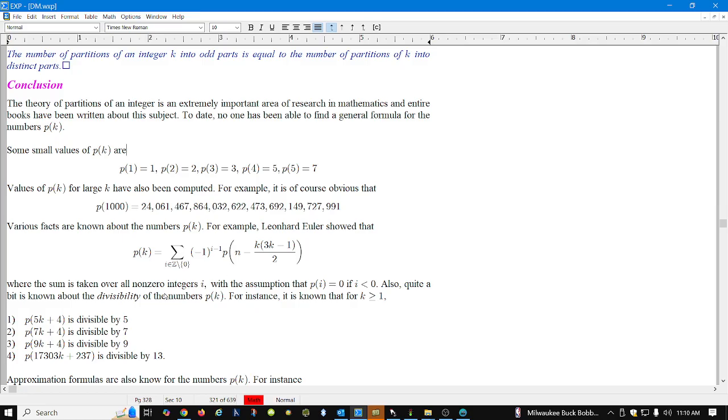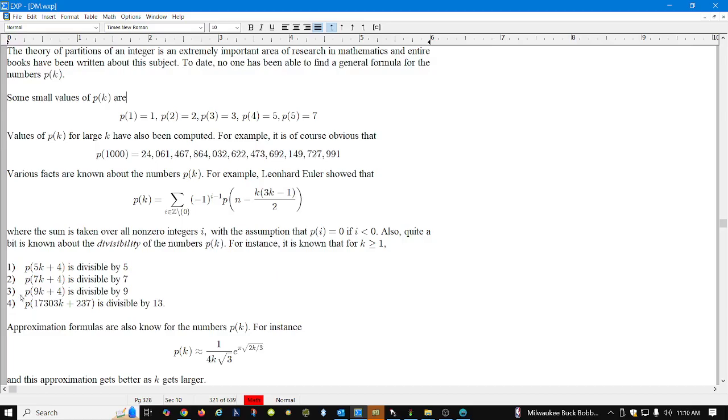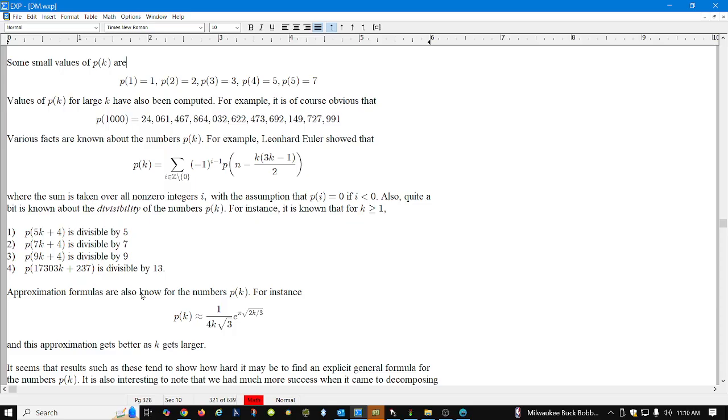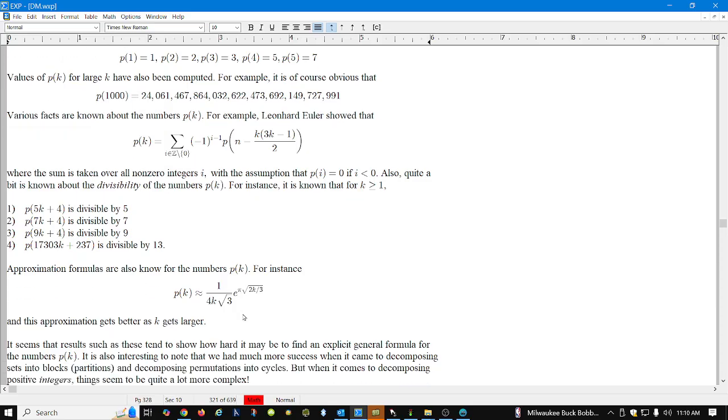A fair amount is known about divisibility, stuff like P of 5k plus 4 is divisible by 5 and things like that. I don't know where these came from. There's an approximation formula, and it's fairly good. So P of k is approximately equal to this mess here.